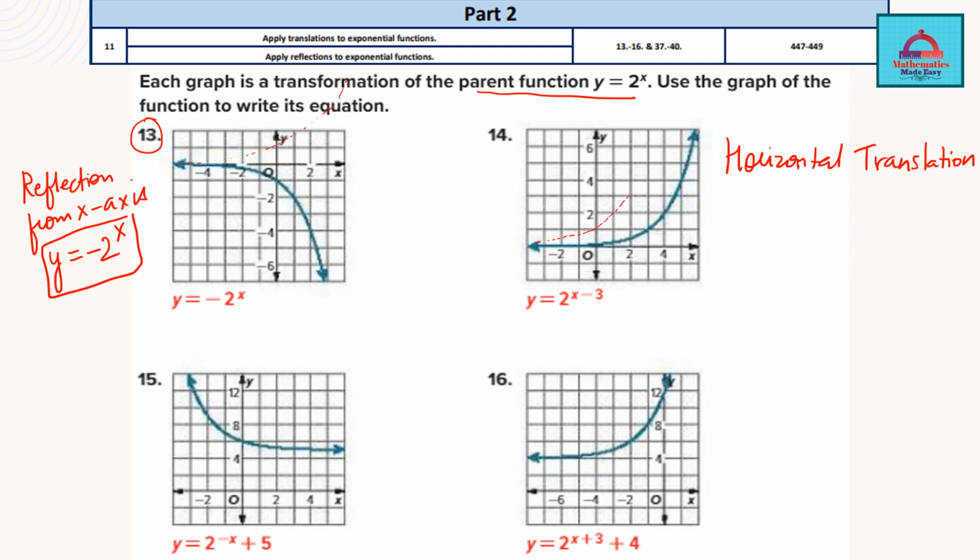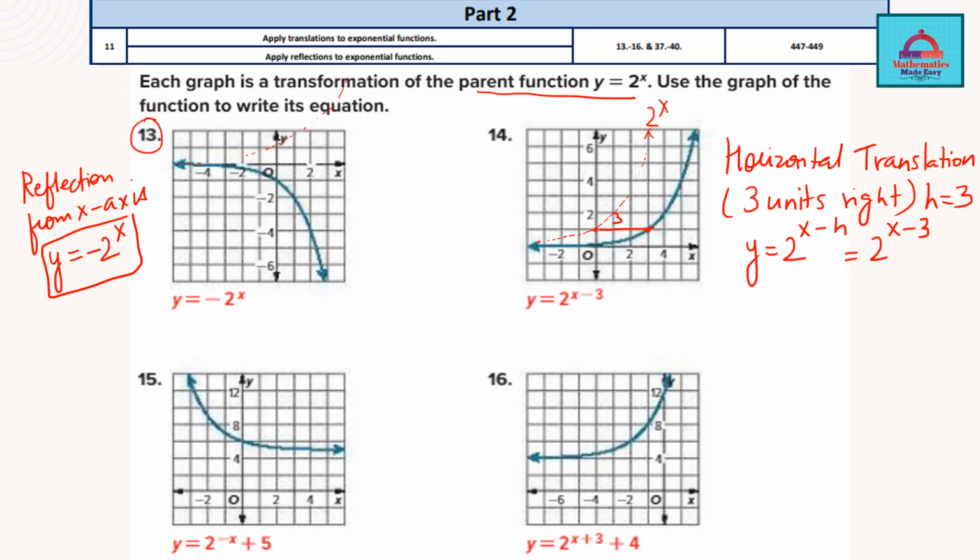This was the graph of 2 to the power x, and this point was 1. So 1, 2, 3: it has moved 3 units to the right. I write here 3 units right, and the equation will change. 2 to the power x is the original, and because it is moving to the right, h is equal to 3. So x minus h is the equation, and it is going to be 2 to the power x minus 3. This is going to be your answer.